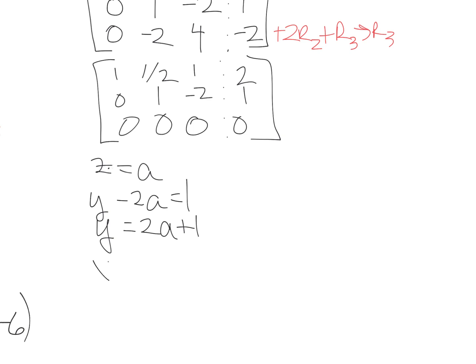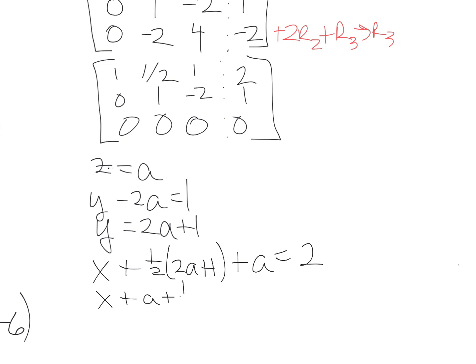So we have x plus 1/2 times 2a plus 1 plus a, as a goes in for z. And then we have the constant of 2. Solve this for x, distribute: x plus a plus a half plus a equals 2.